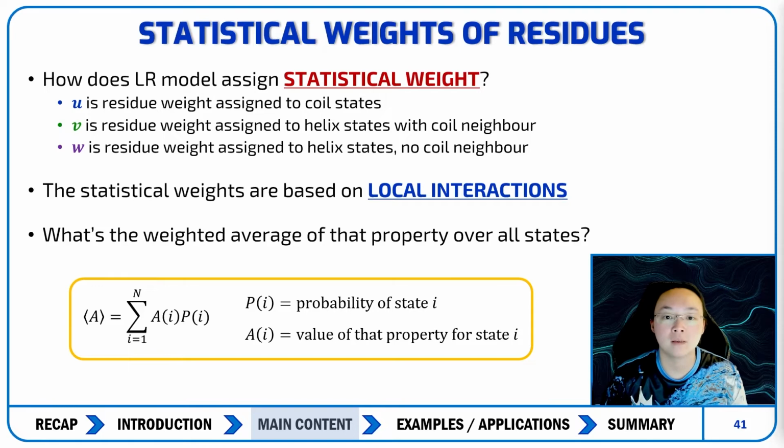So what is the weighted average of the property over all states? We would have to use a summation to add up all the probabilities. We say that the weighted average A is the sum of each state's probability times its weighted value. So where do we go from there?